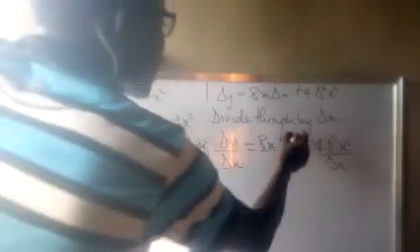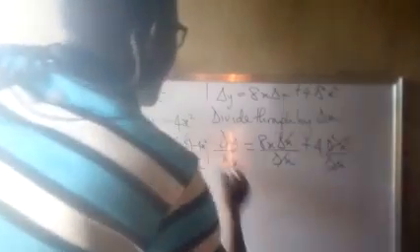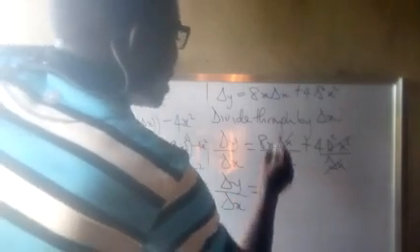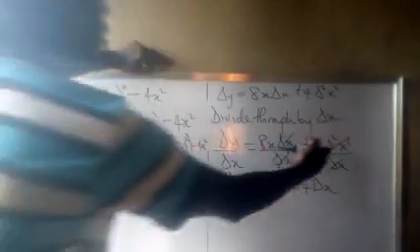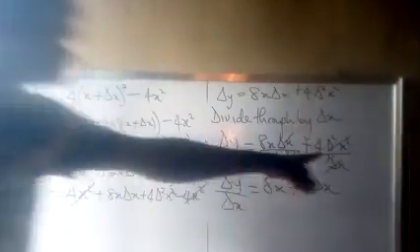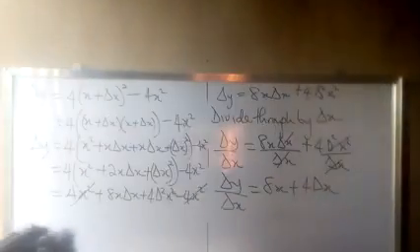So this we cancel out, we reduce this one to 1. So we have delta y all over delta x is equal to 8x plus 4 delta x. I hope you understand, because we have delta x squared here, so by the time you divide that by delta x, it remains only 1.